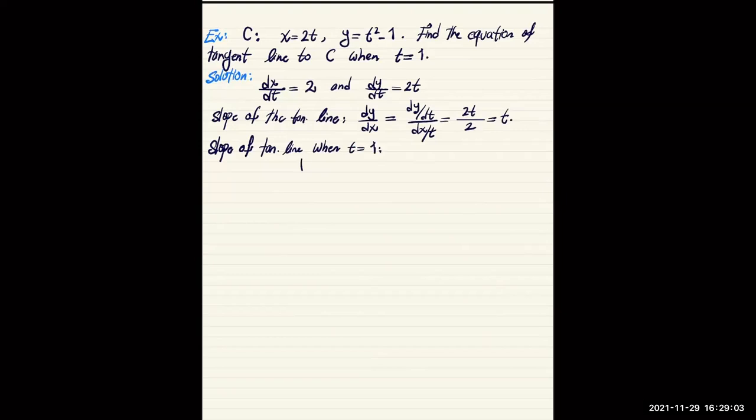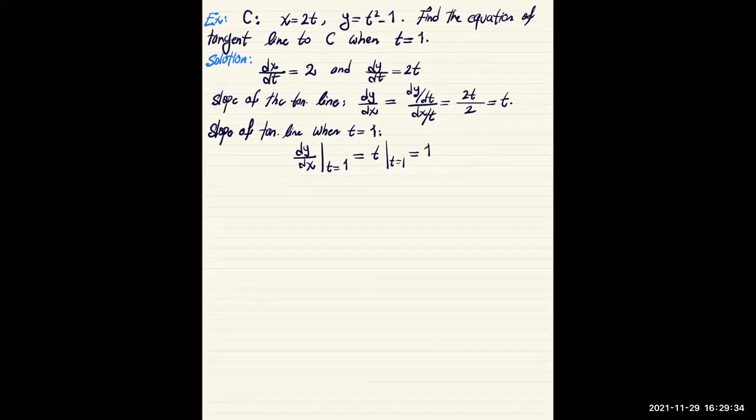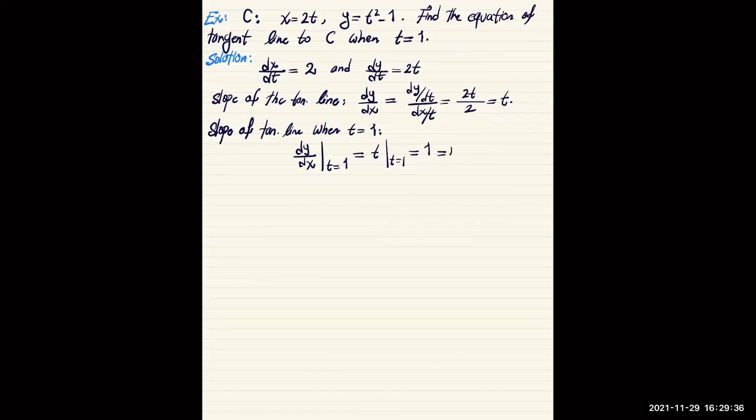You take dy/dx and evaluate. That bar is the evaluation bar. Evaluate when t is equal to 1. You plug 1 into t, and that gives you 1. So at the moment when t is equal to 1, rise over run is going to be 1. Now we have the slope, that's our m.